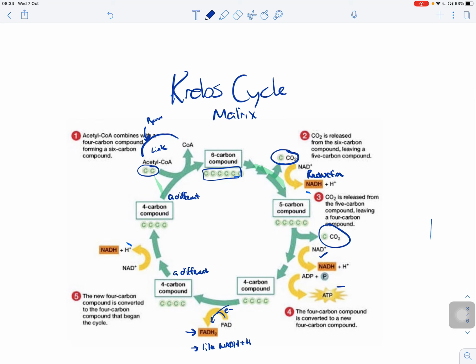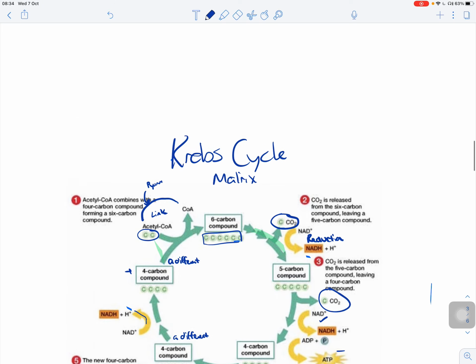NADH is a truck. The scooter transfers a little bit less energy. The truck transfers more. That'll make sense later. But it's basically, both of these are carrying electrons. Okay. And then a different 4 carbon molecule is made, and then there's another reduction reaction, and we're back to the beginning of this cycle, right? So as long as you keep feeding acetyl coenzyme A into this cycle, it will keep on turning.